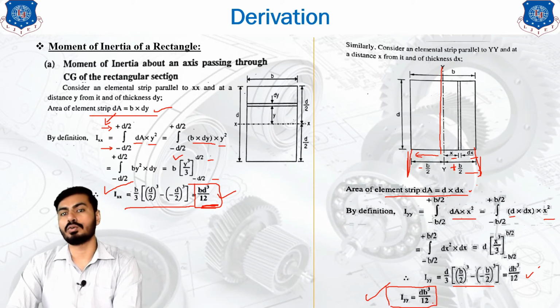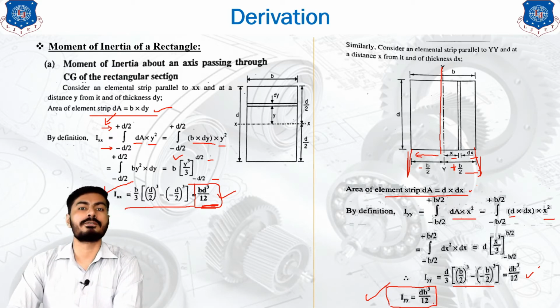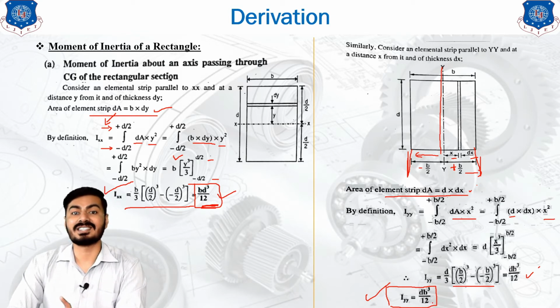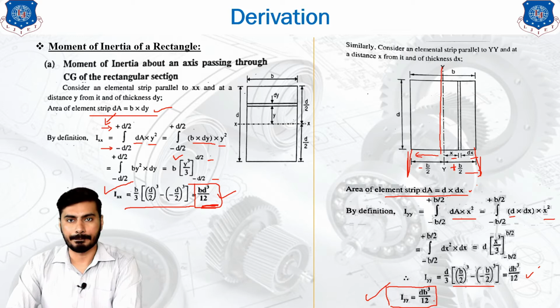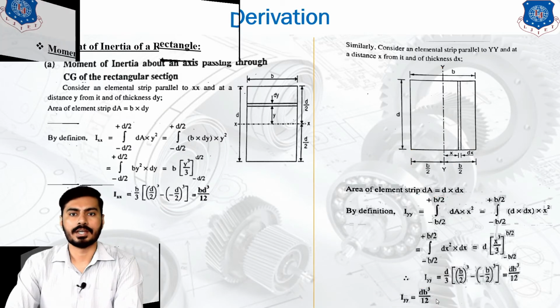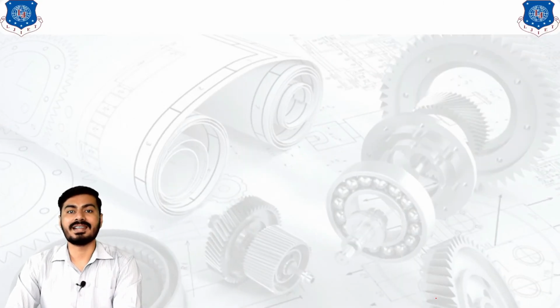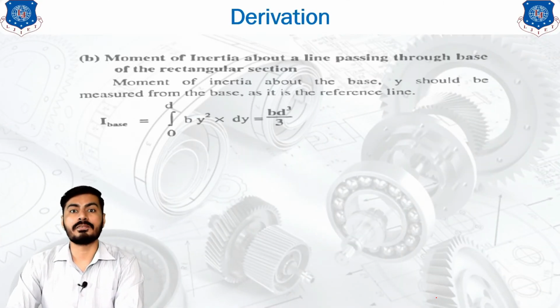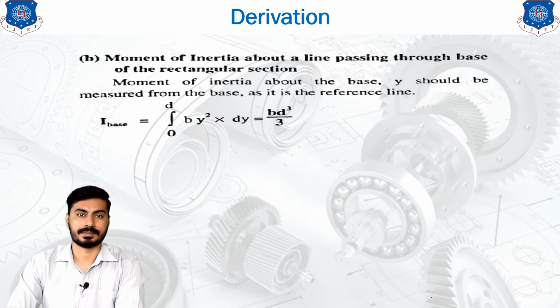Okay, so these are the two different formulas for two different axes, and that's why you will have to remember which axis is asked in your example, and based on that axis you will utilize the formula which is given in this derivation. Okay, so we will see another derivation for different shape like this.